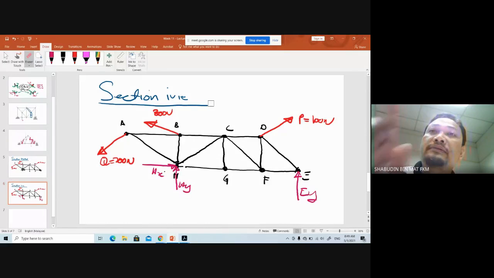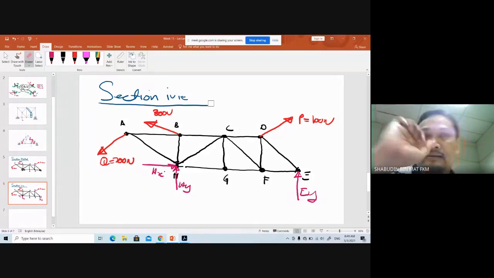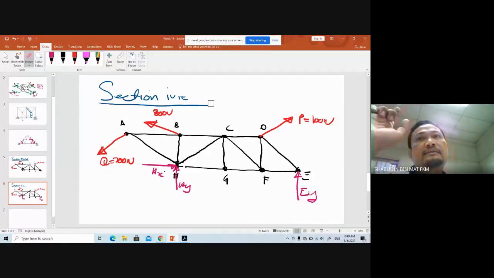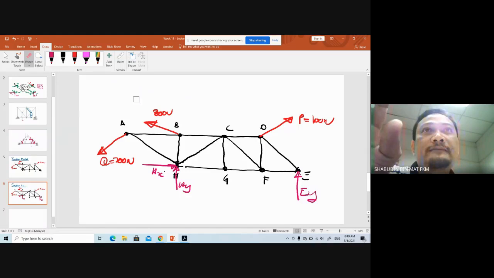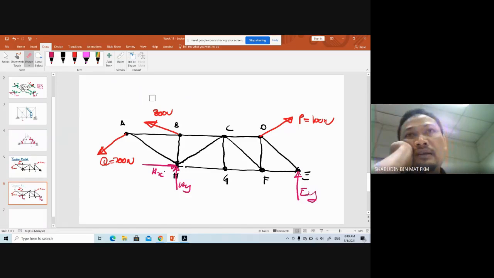Be careful here. We may trick you with a zero force member inside there. There is a zero force member inside there. Which one now? Tell me which structure doesn't carry any force. Hello?